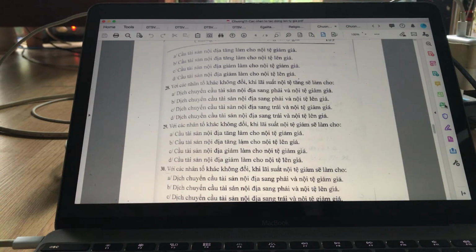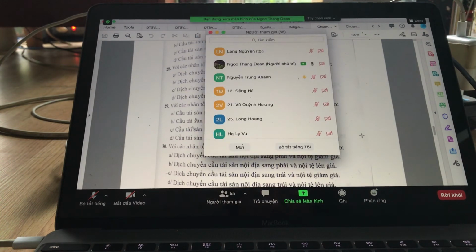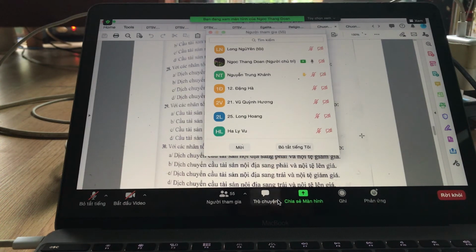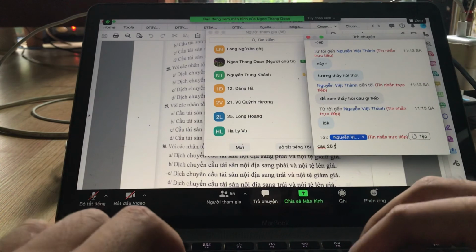We have new knowledge for question 28. For the determinants of the exchange rate, we have long-term determinants and short-term determinants.